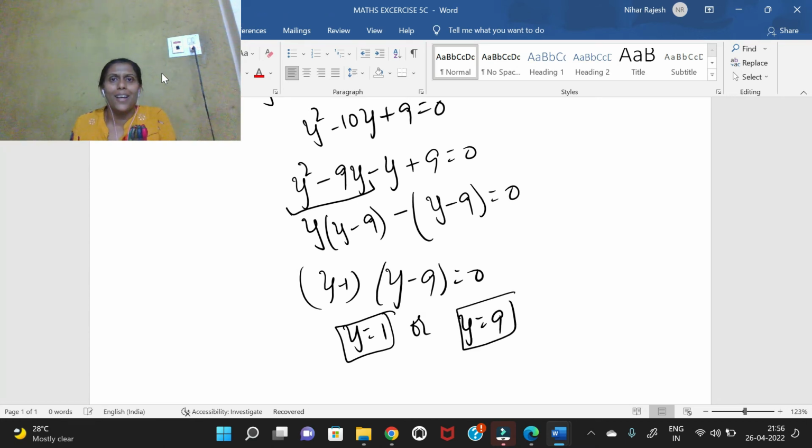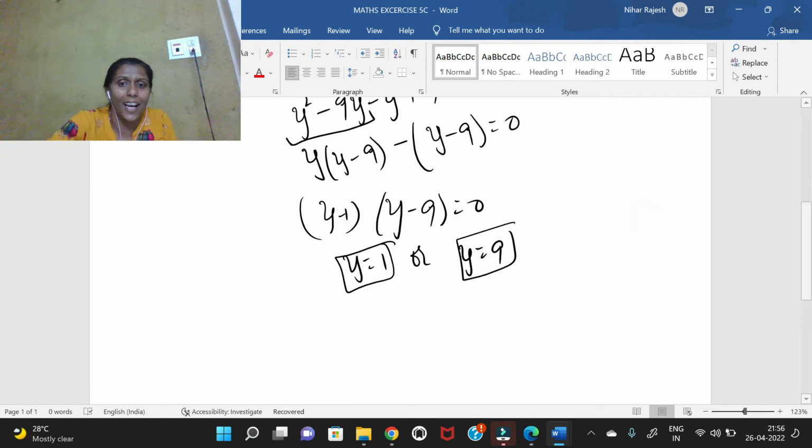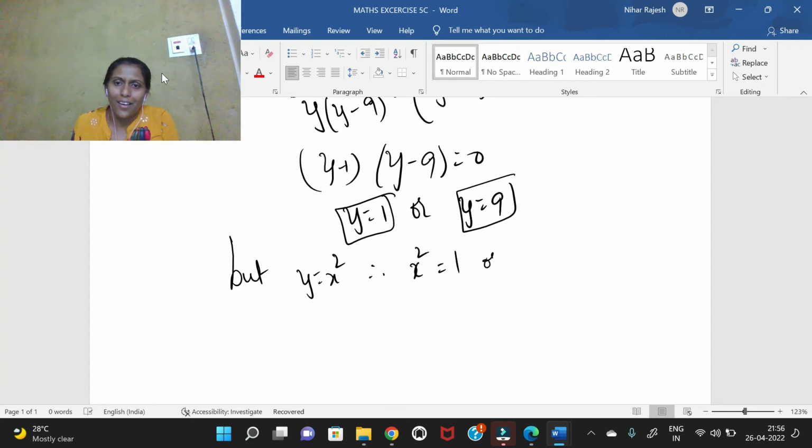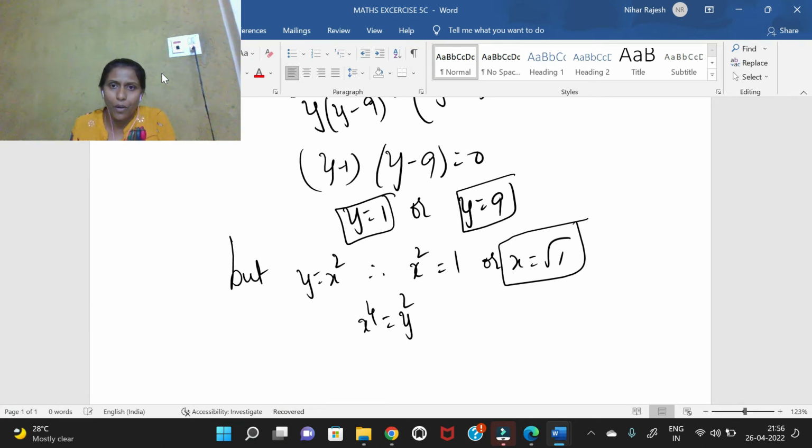Let's first remember that we are still working with y and it's not x. But y is equal to x square. Therefore, x square is equal to 1, or x is equal to root 1, that's 1.